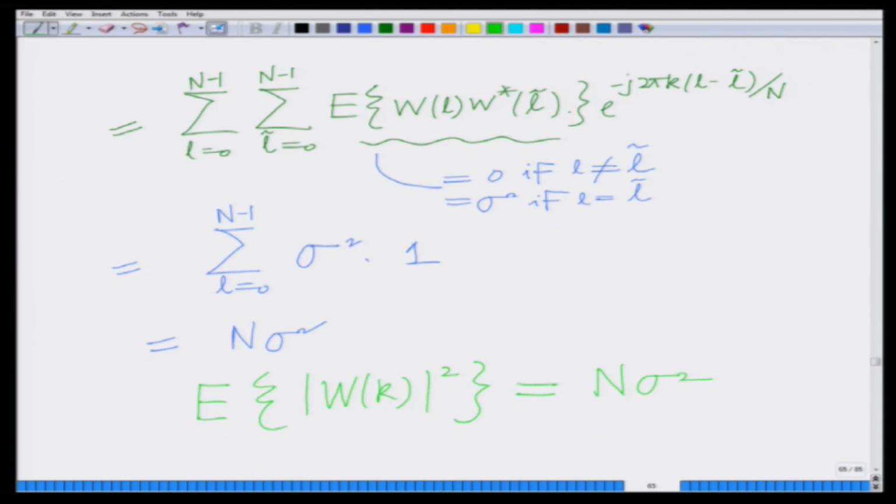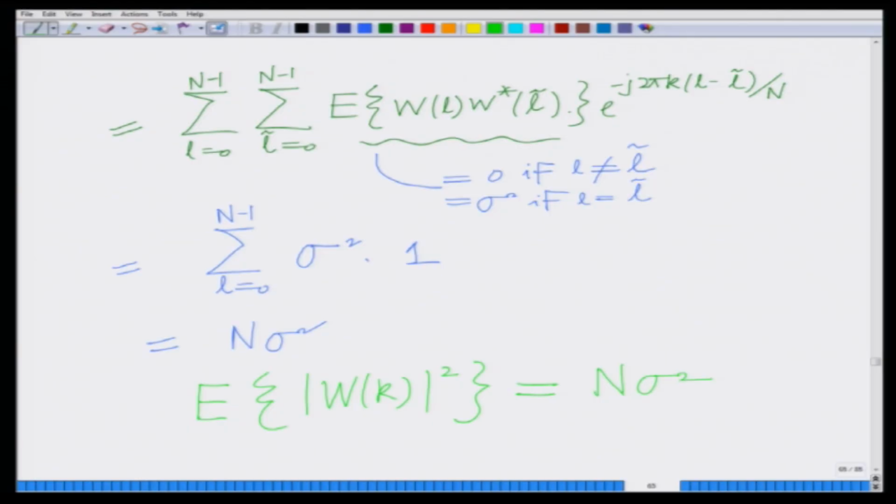So, what we have is that at the output of the FFT, the noise capital W_k is 0 mean and it has a variance of n sigma square. Further, since each capital W_k is generated as a linear combination of the small w_k's, that is, a linear combination of Gaussian input noise samples, each capital W_k is also Gaussian.